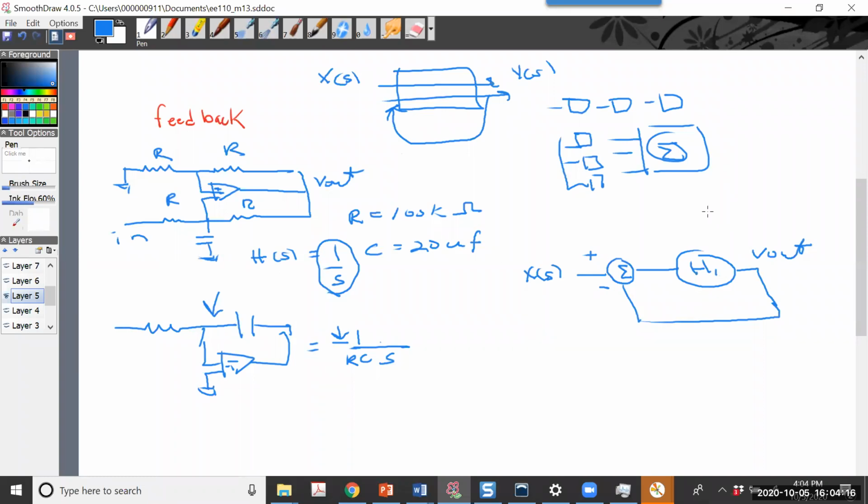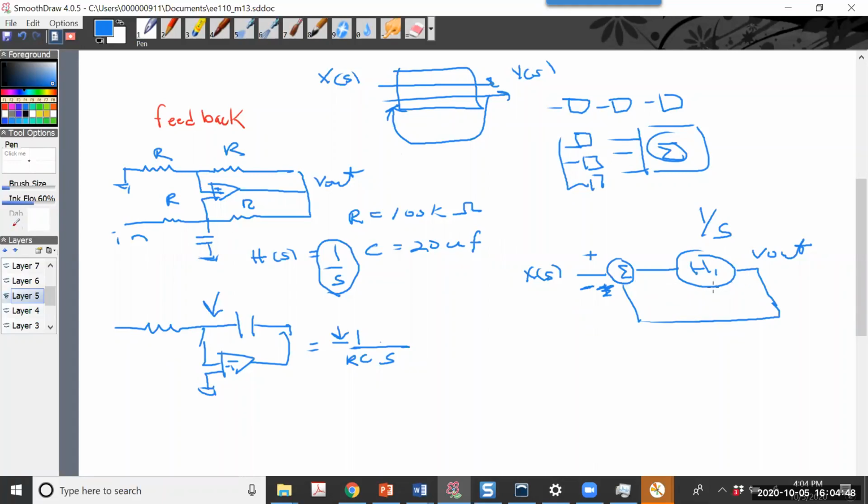H1 is just 1 over S, all right? Sure, it's really this circuit, so it's going to be minus, but for right now, we're not going to worry about it. Because if this is minus, all I have to do is add it on the summer and it'll take care of itself. But that is another day.